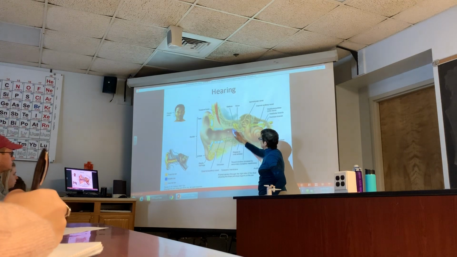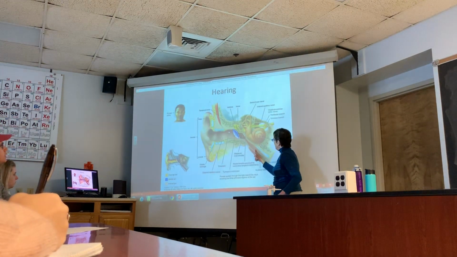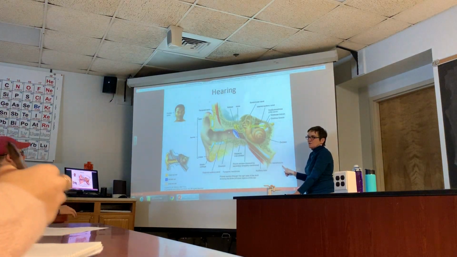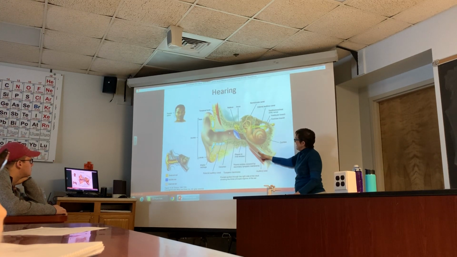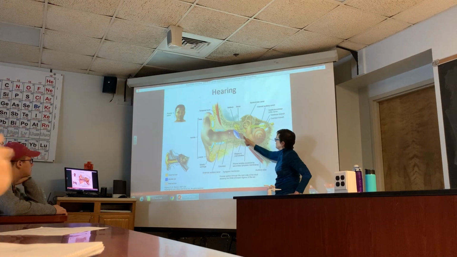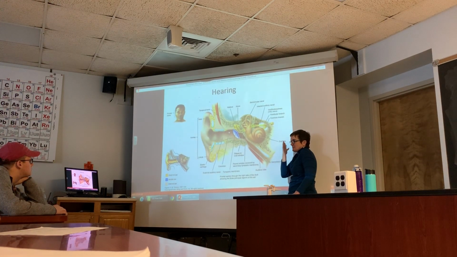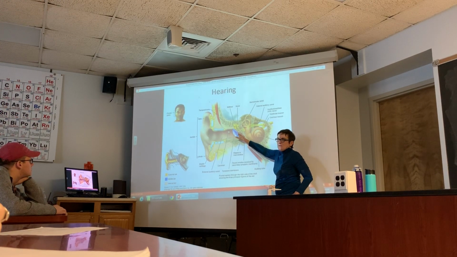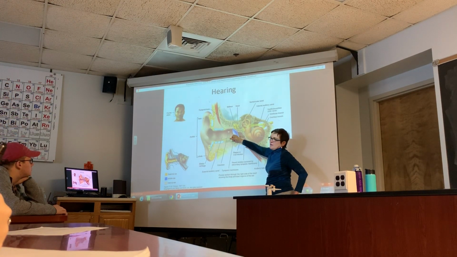And then you have the middle ear region here. The middle ear is connected by the auditory tube to your throat, the nasopharynx. I'll show you where that is. That's part of your throat behind your nose. And this helps equalize air pressure between the outside, because your nose is connected to the outside, and that pressure can change, as you go up and down in altitude, and as weather, if you have high and low pressure systems, that can put pressure on the eardrum.